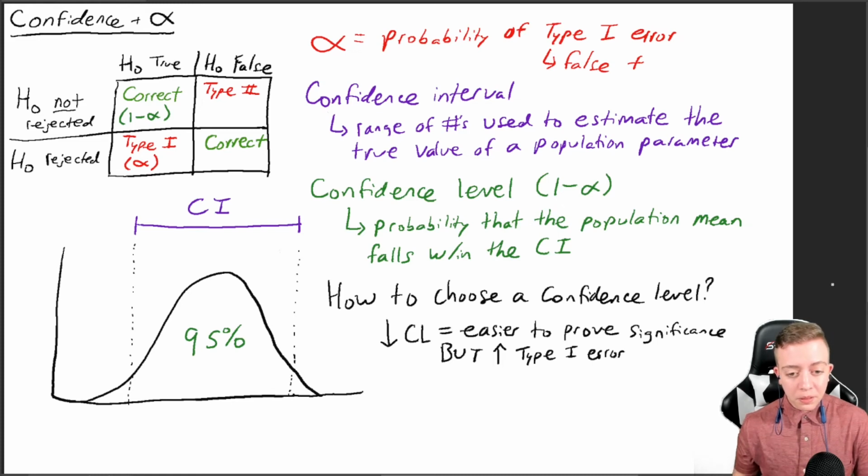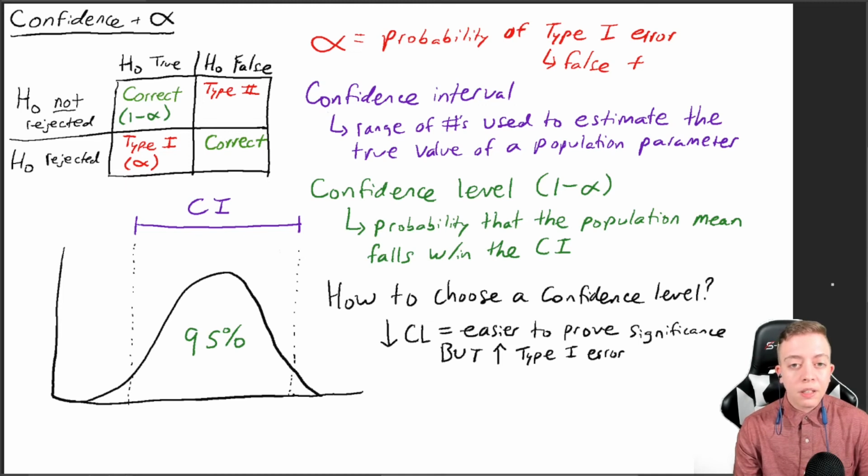So it's going to be a lot easier to prove significance in that case, because your p-value is now going to need to be less than 0.2, which is really, really high. So it's a lot easier to get a value below that. It's easier to prove significance.